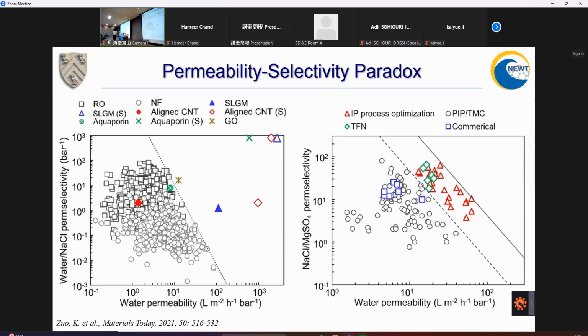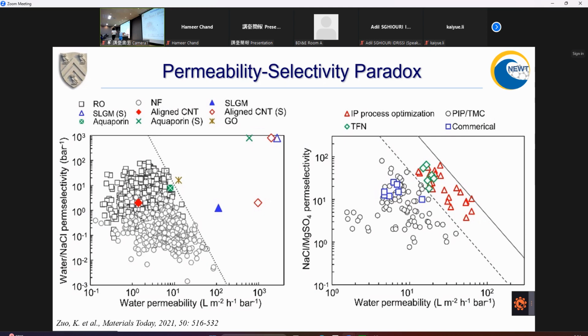However, in recent years, a few novel materials emerged that are way above that upper bound for this selectivity permeability trade-off. And few, but they are all, with no exception, some sort of nanomaterial based on graphene or carbon nanotubes. You can also see here, this is another set of data, that's mostly for reverse osmosis membranes.